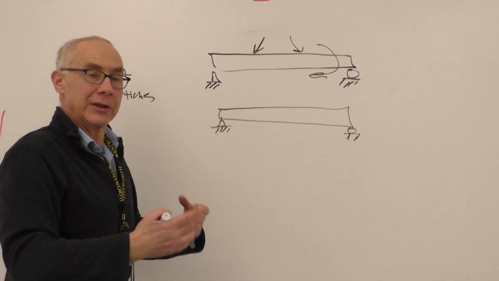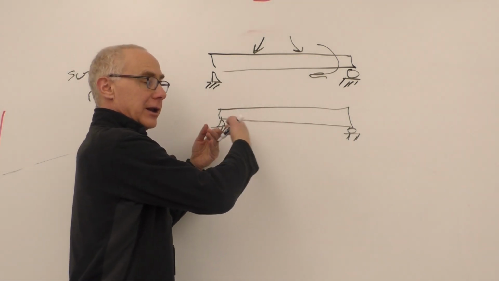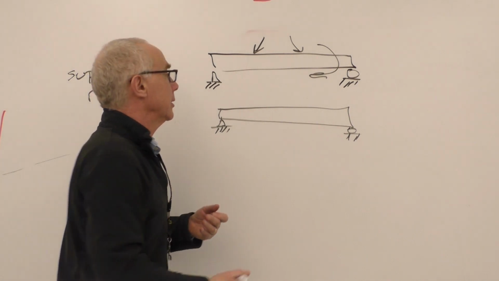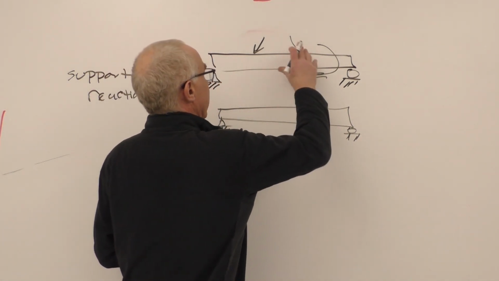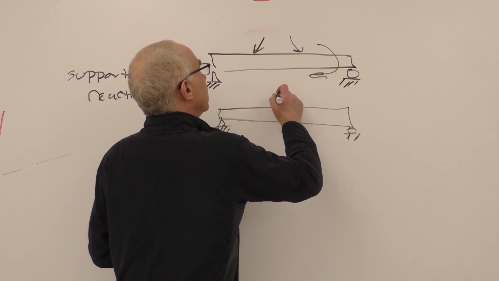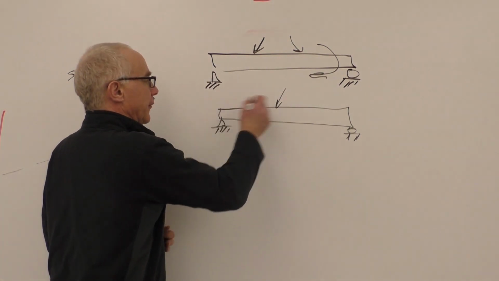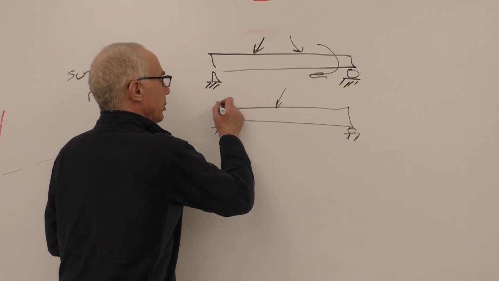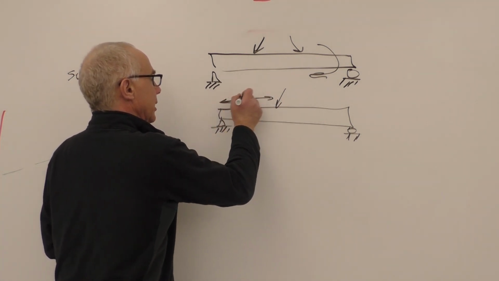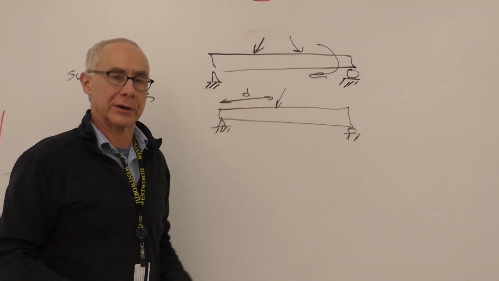Then we could find the distance somewhere else to apply the force, which would be equivalent. So this complex system has a simplified version, which is just one force at some angle applied at some distance d. You should know how to do this. If you don't, you might want to go back and look at it again.